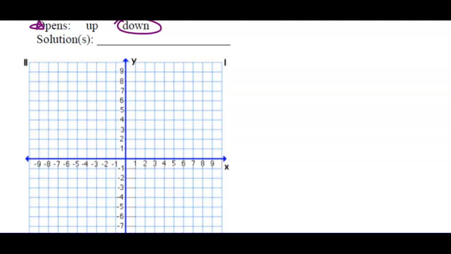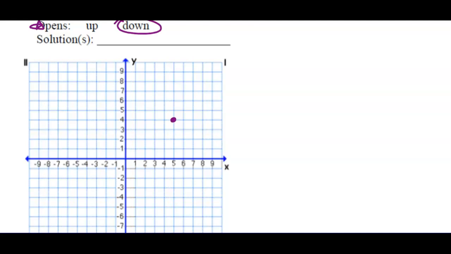We can't tell what our solutions are. I'm not looking for how many solutions there are. I'm not looking for 1, 2, or 0. I am looking for what exactly they are. At what point does my graph go through the x-axis? So I'm going to go to (5, 4). Go to 5, go to 4, put it out.